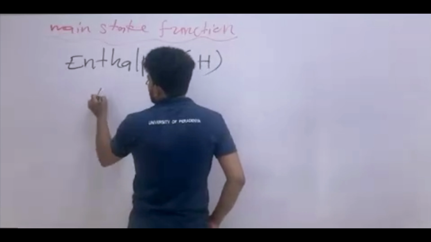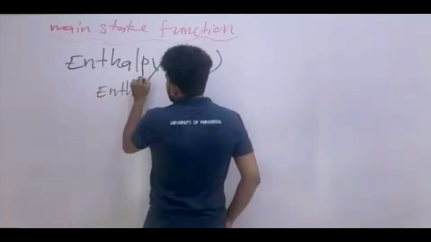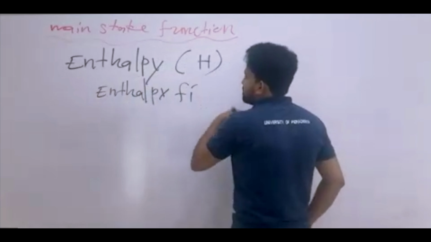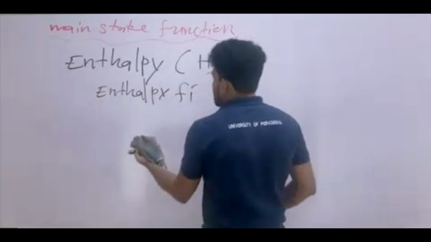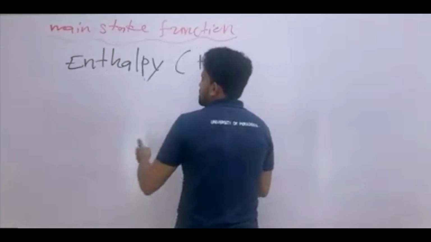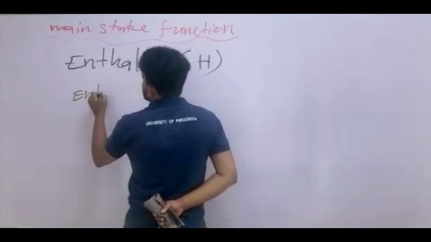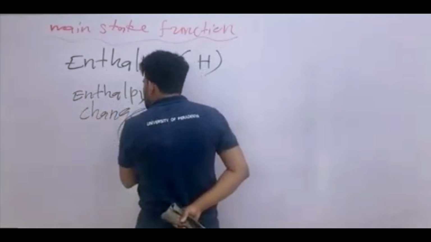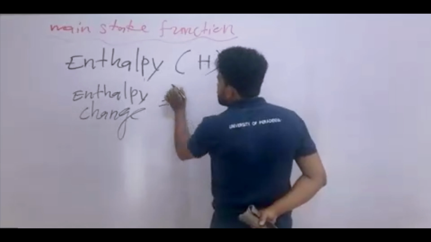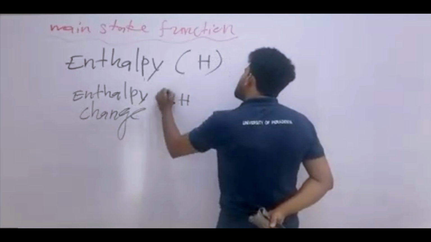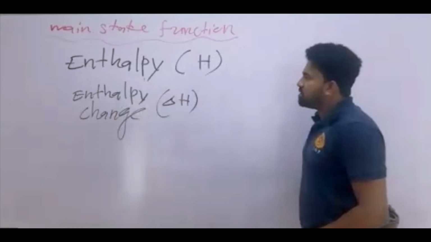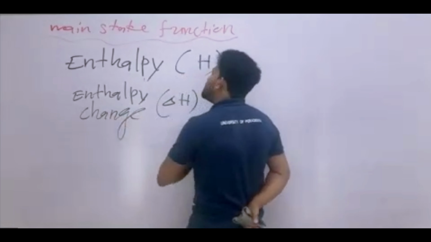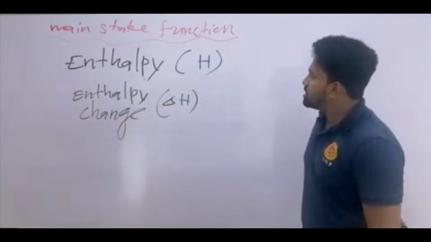If we get the enthalpy difference, we call it enthalpy change, and we denote it as delta H. So you can write this down, right? I haven't given that one in the note. Enthalpy is H. Enthalpy change is delta H.